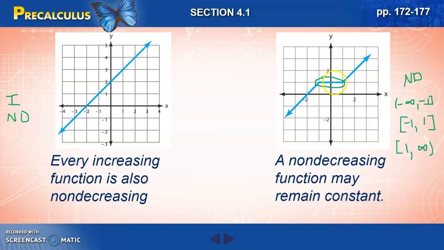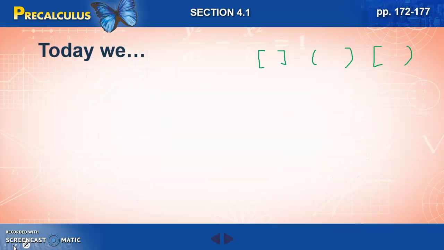It is constant, and we would describe that as non-decreasing. And then looking at our last little interval here from 1 to positive infinity, how would we describe that piece? We would describe that piece as increasing again. So interval notation is going to be really important for helping us zoom in on functions and describing specific pieces or specific intervals of the function.